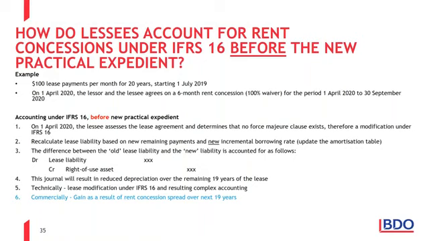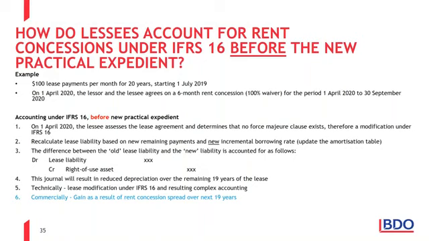So if we stand back at a high level, technically, we've got a lease modification under IFRS 16 and the resulting complex accounting. And remember, technically, you had to look at all of your agreements and consider whether it's force majeure and all those things. Commercially, though, is what I want to highlight.